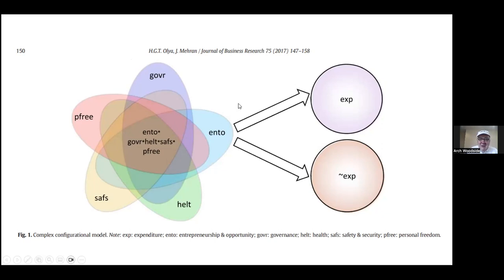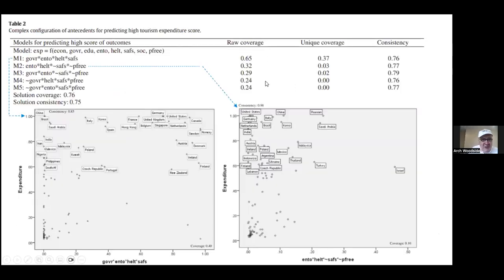It would be 3 times 3 times 3 times 3 times 3, or 243 possible combinations. Now, you should be guided by theory as to which combinations would work, but here it shows a few models that predict that rather well.